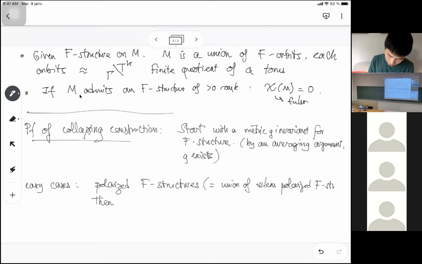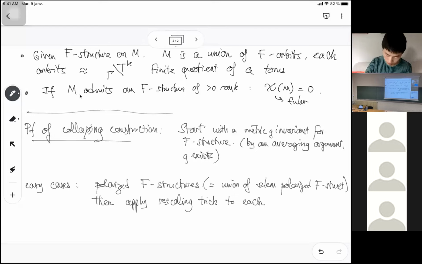And then what you want to do is to apply the rescaling trick to each elementary F structure.